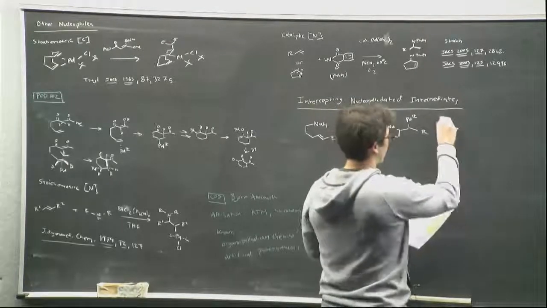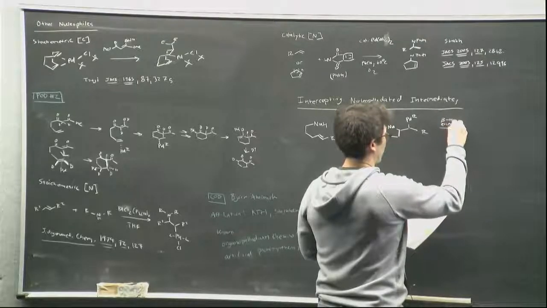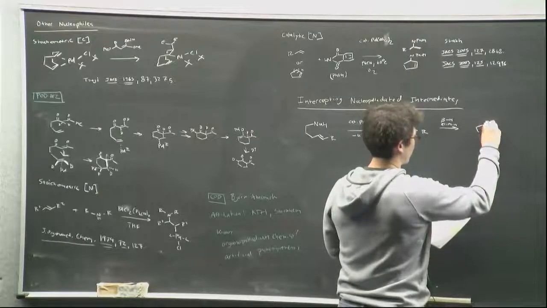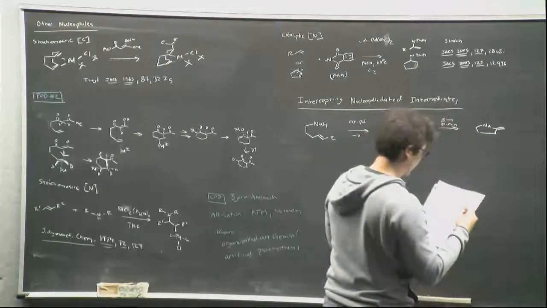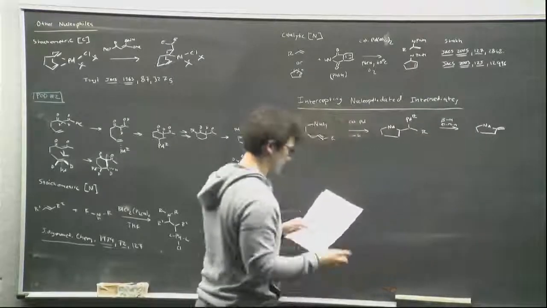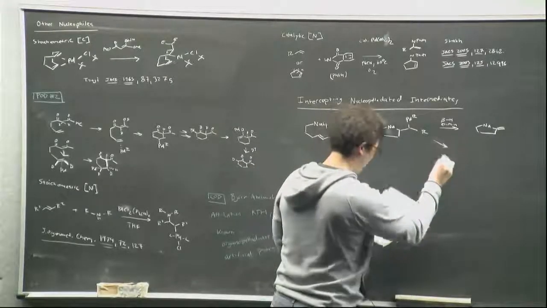So classically, we know that beta-hydride elimination can take place. No surprise there. We're just imagining this R group has some beta hydrogens here for the sake of illustration in case that's unclear.